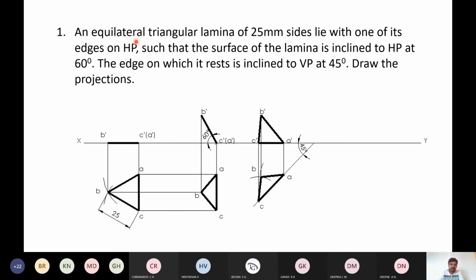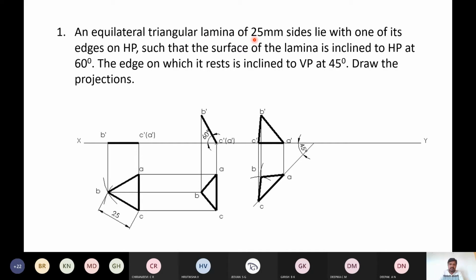First, by reading the question, you must be able to identify what the given lamina, plane or plate is, which polygon we need to draw or consider. Here, an equilateral triangular lamina means this problem is related to an equilateral triangle.